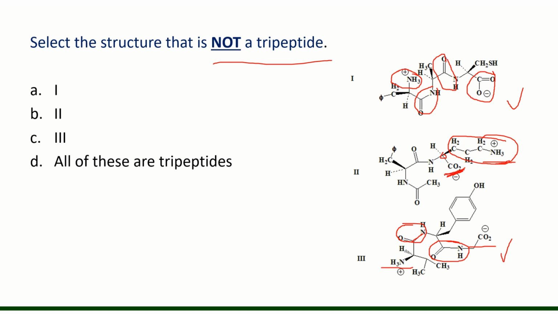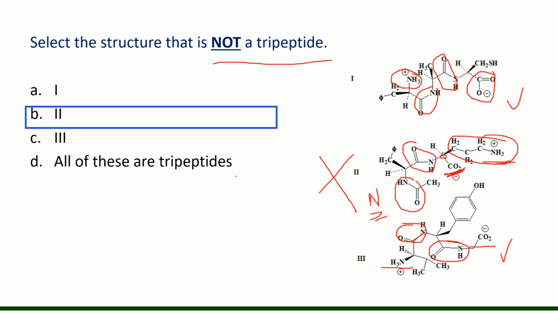So you have a C terminus here, and you have an amidic system here, and an amidic system here. But I can't seem to find an N terminus. There's no amine group over this side, and so this is definitely not a tripeptide.